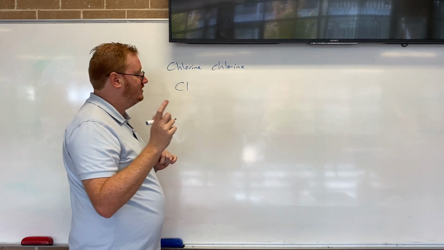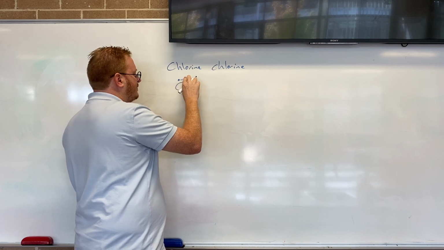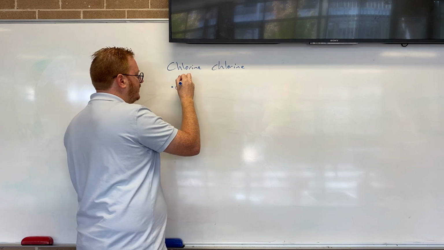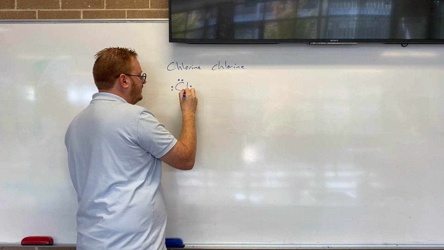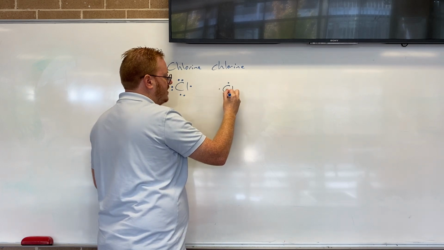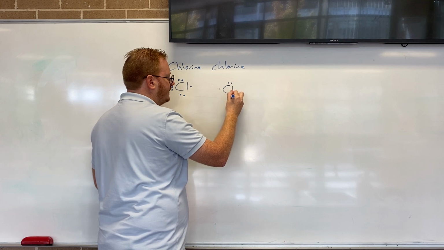It's a halogen, so it has 7 valence electrons. Oh, I'm not following my own rules. 1, 2, 3, 4, 5, 6, 7. Let's do another one over here. 1, 2, 3, 4, 5, 6, 7.